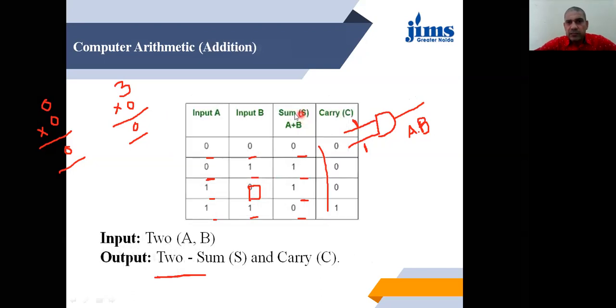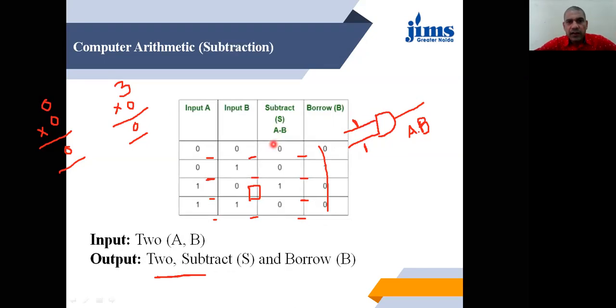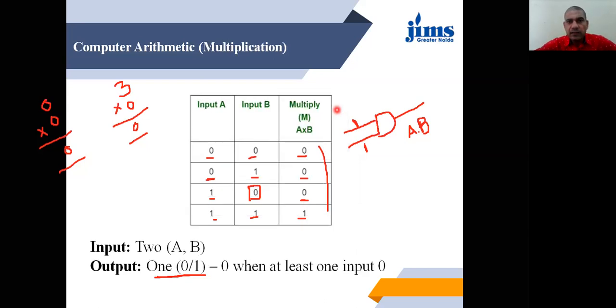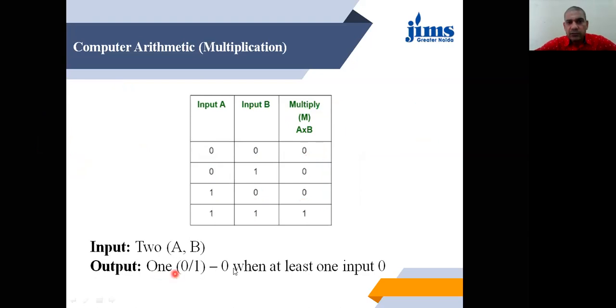One is for sum and another is for carry in case of addition, and in case of subtraction, one is for subtraction, that is A minus B, and second one is for borrow. But in case of multiplication, we have only one output, and that is either 0 or 1.